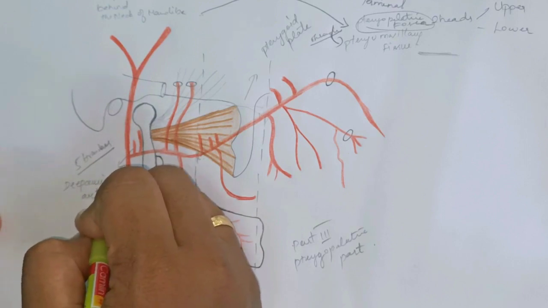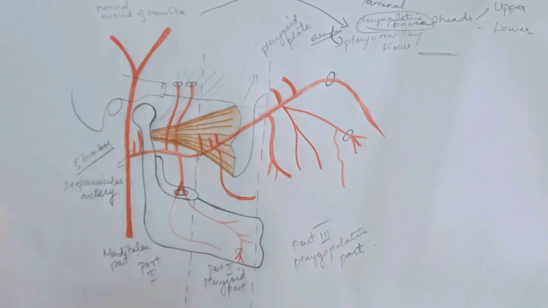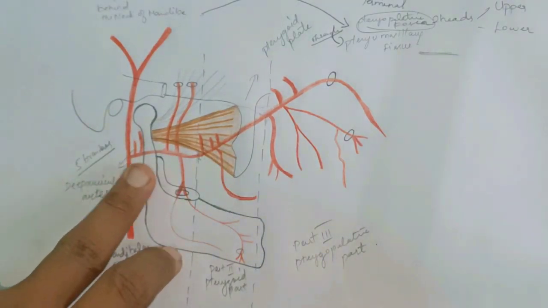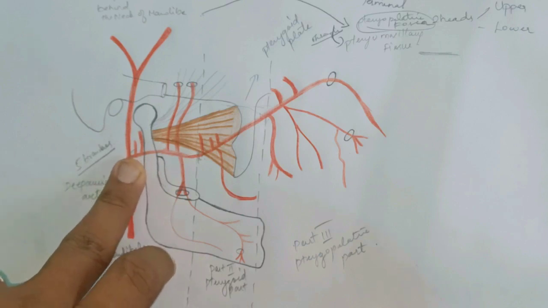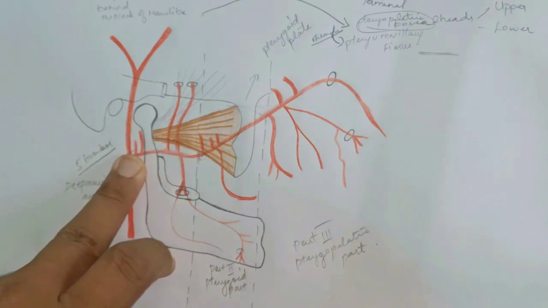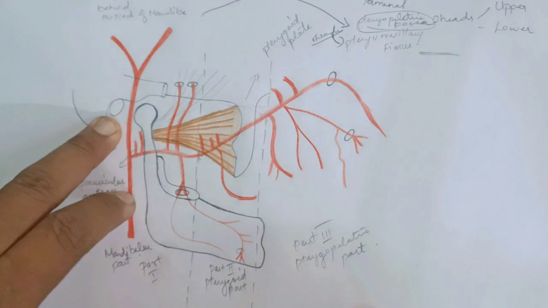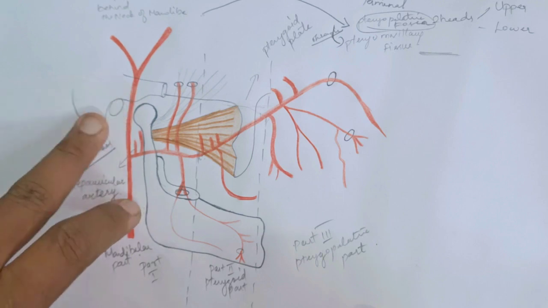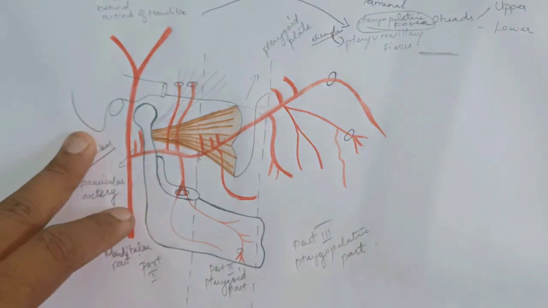It runs upwards and backwards and enters into the external acoustic meatus by piercing its floor and gives supply to the skin of external acoustic meatus and outer surface of tympanic membrane.